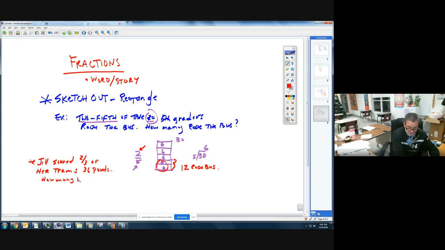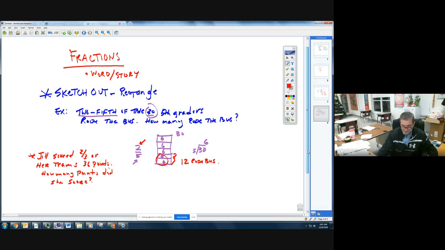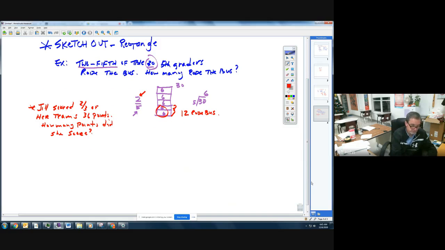How many points did she score? And it's the same deal there. You are going to draw a rectangle. Not my best work on the rectangle, but it'll work.